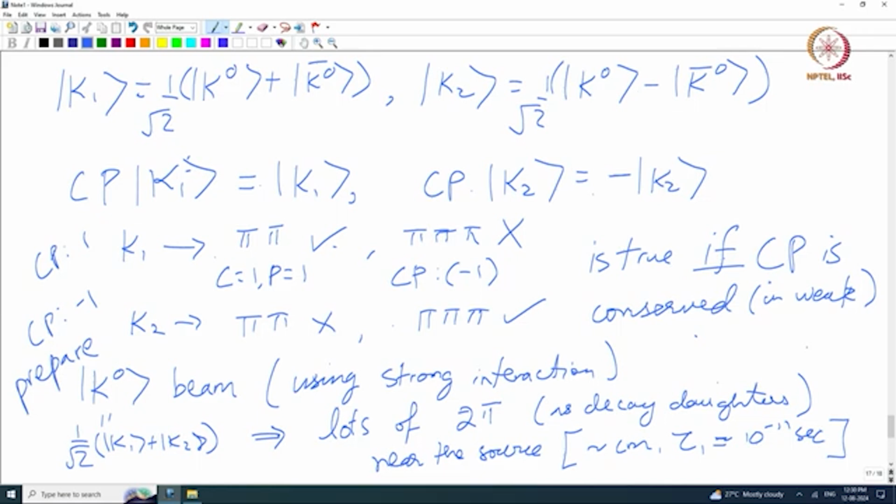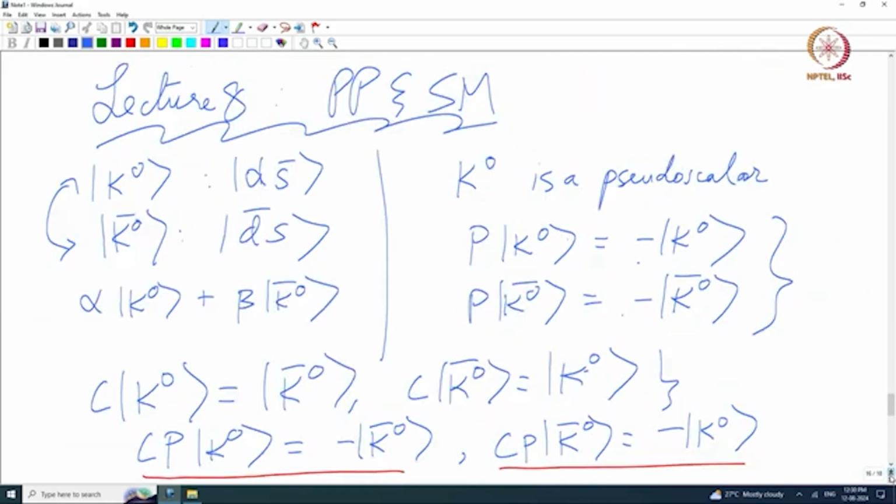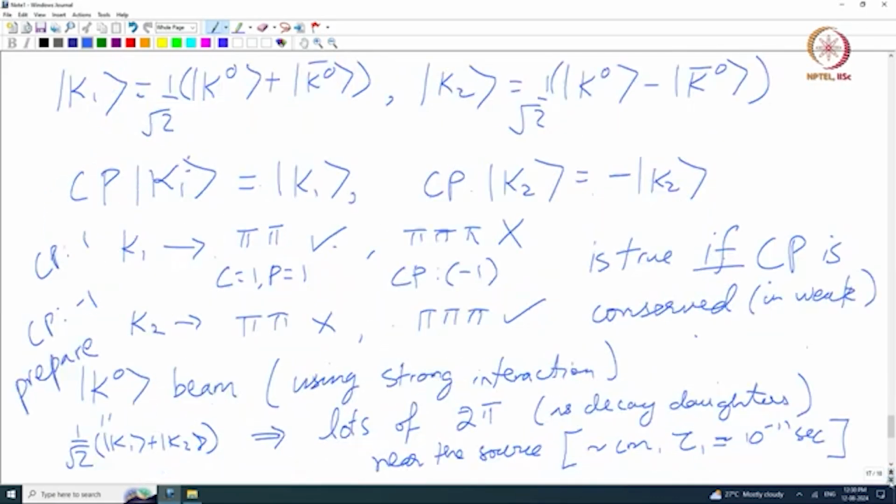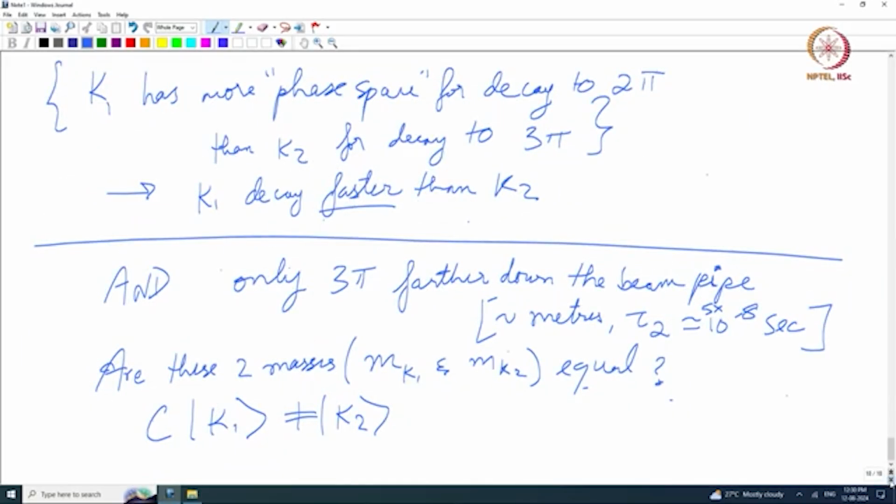If I apply C on K2, I get a minus K2, correct. So K1 and K2 are not particle and antiparticle of each other, right. That means there is no reason for their masses to be equal. They are not particle and antiparticle, right. No reason for equal masses.